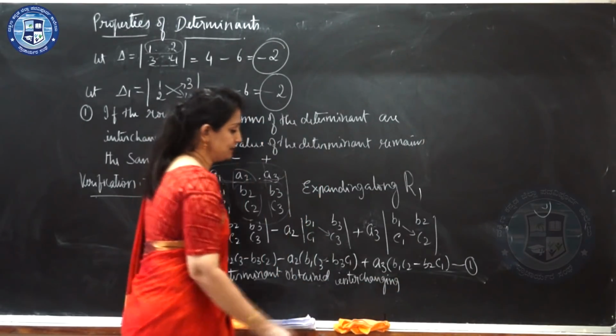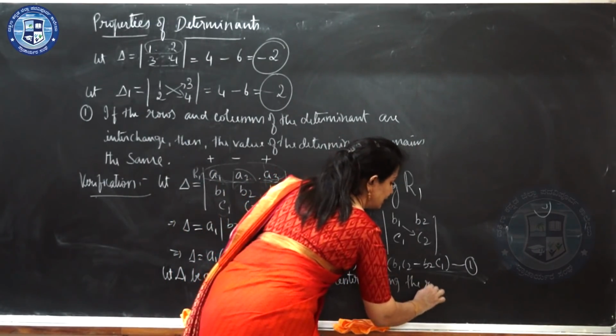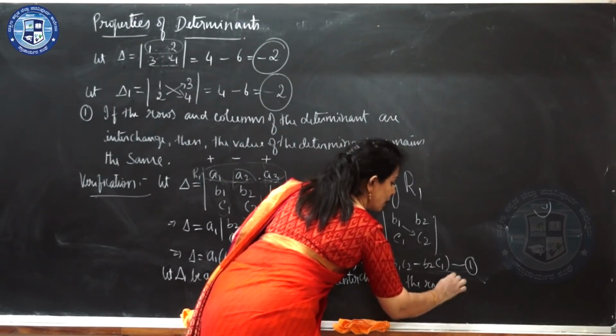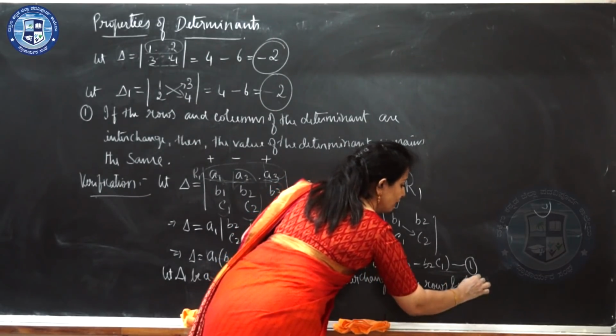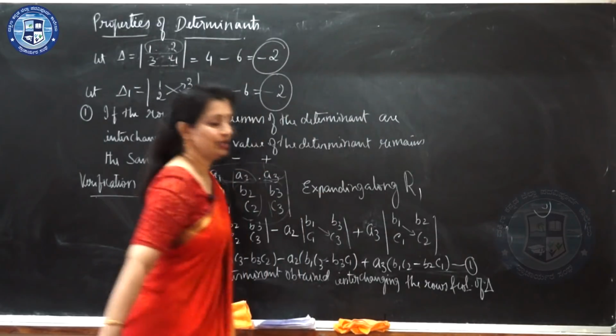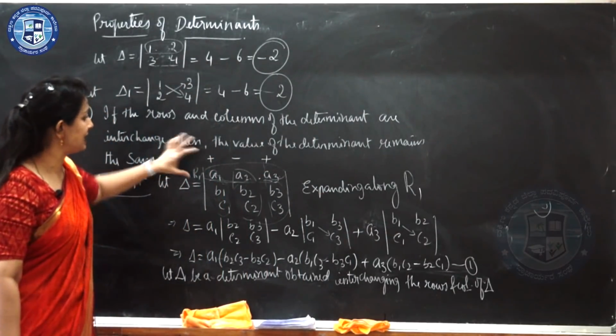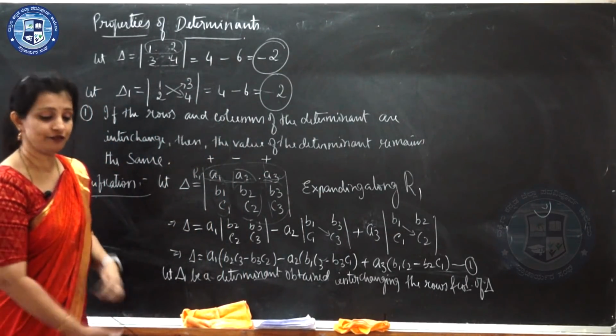So we write delta 1 as interchanging the rows and columns of delta.